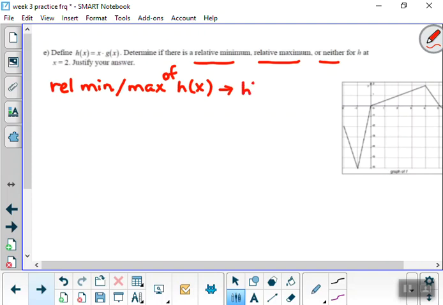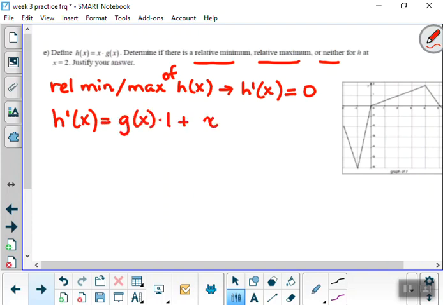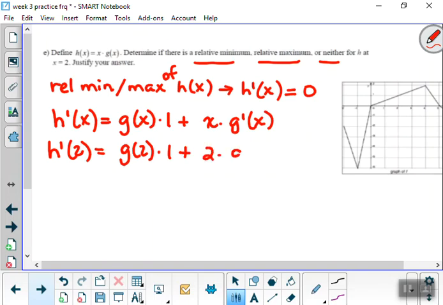First thing we need is it has to be at a place where h prime of x is equal to 0. So h prime of x will be g of x times 1 plus x times g prime of x. So h prime of 2 will be g of 2 times 1 plus 2 times g prime of 2.